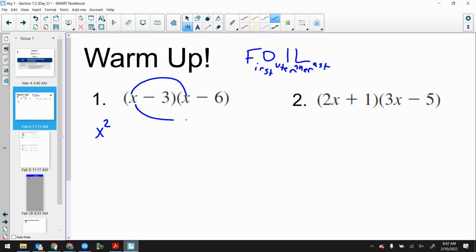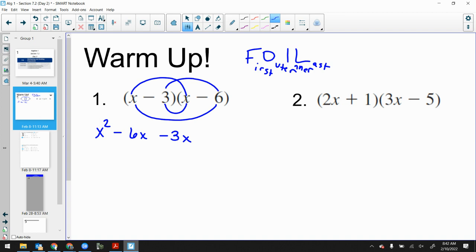Outer, x times negative 6, so minus 6x. Inner, negative 3 times x, so minus 3x. Last, negative 3 times negative 6. Now, I've had a lot of people, as I was walking around, I see minus 9 sitting out there on the end. What was the error?